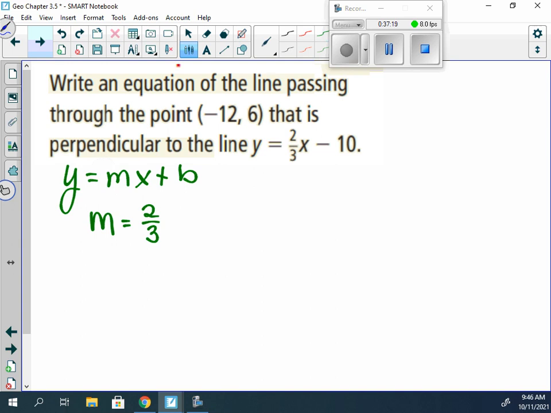So if we're looking for the perpendicular slope, our new slope, we're going to have to change and flip it. Since it started out positive, our new slope will be negative. And if we flip 2/3, it's going to become -3/2. The 3 would go on top, the 2 would go on bottom. We would flip it.